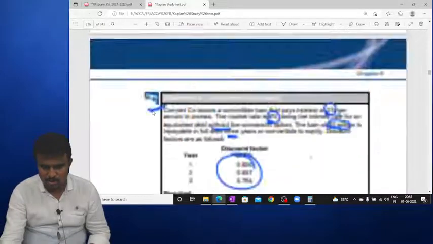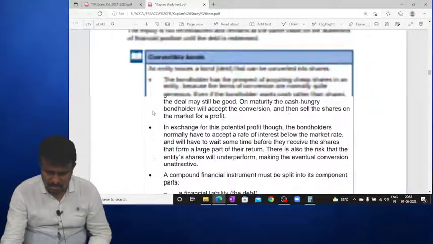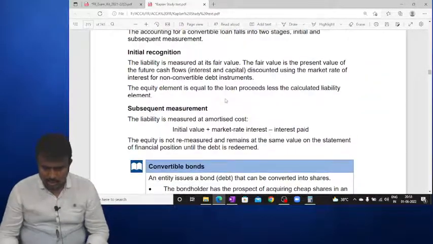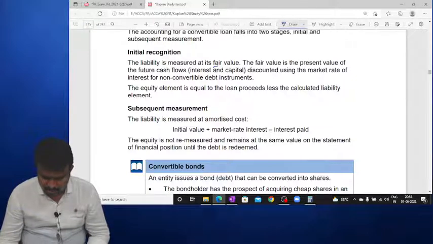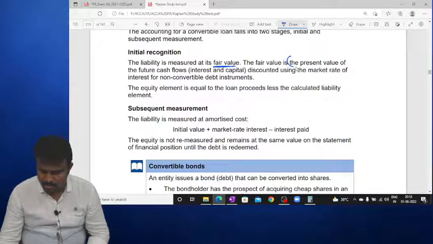We have to record it initially. So initially it was recorded at what? Fair value. The fair value is nothing but the present value of future cash flows discounted using the market rate of interest for a non-convertible debt instrument. This is about debt recognition.